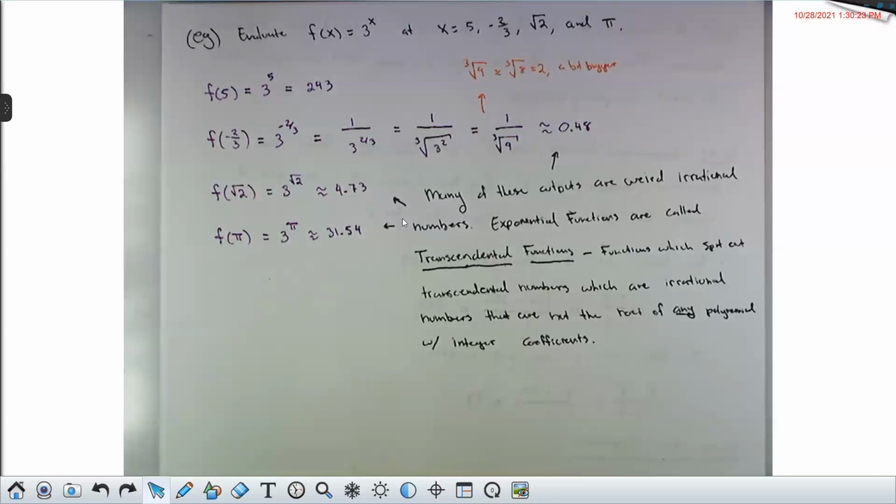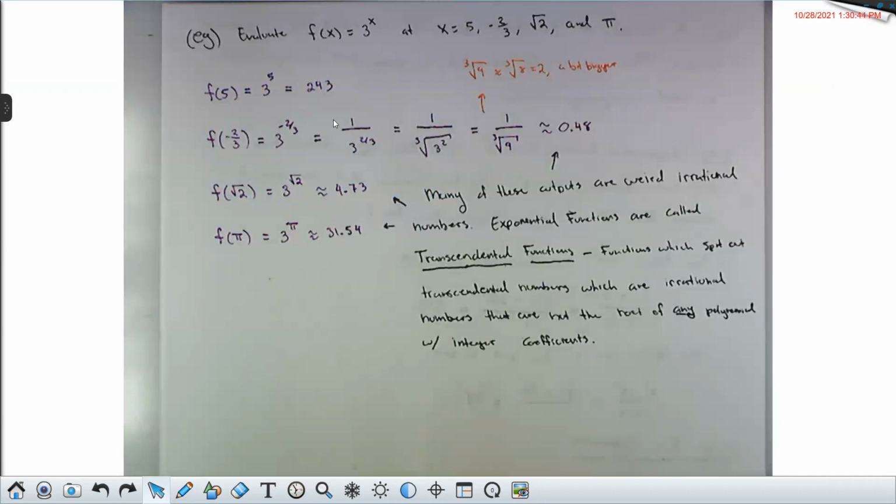Okay. Calculating these outputs often requires use of the rules for exponents, and you want to get comfy with those rules. Later, when we're solving equations involving these exponential functions, you'll be needing those all the time.